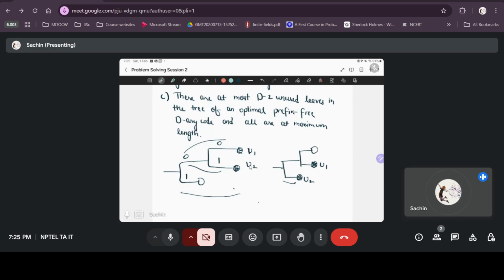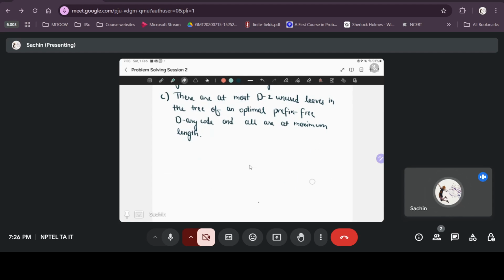So here you could have switched U1 or U2 to this place. That would decrease the overall code word length. That's why the unused leaves must be at maximum length for an optimal code.